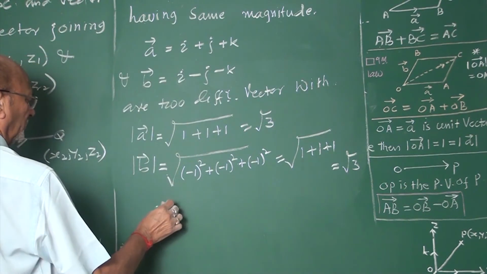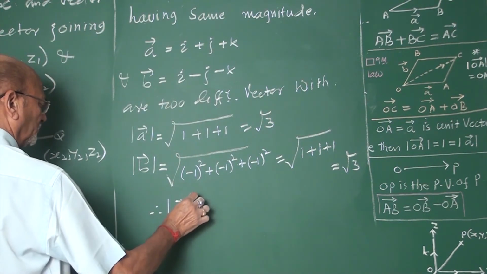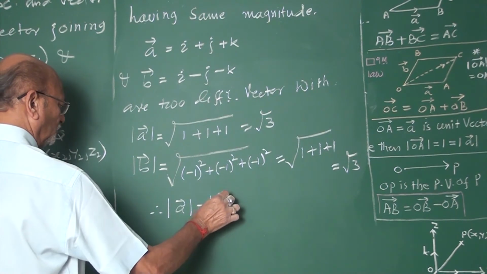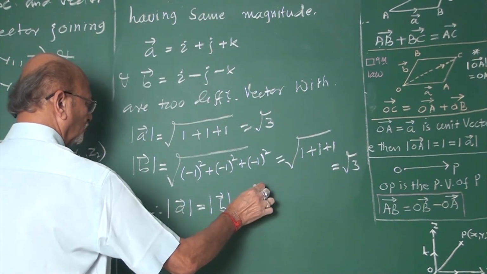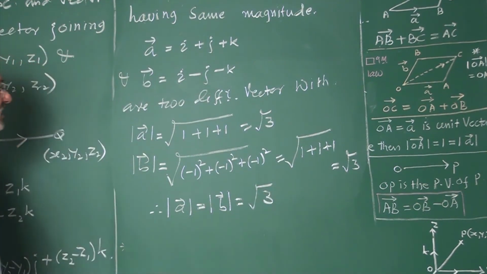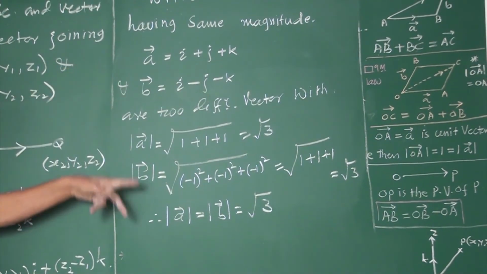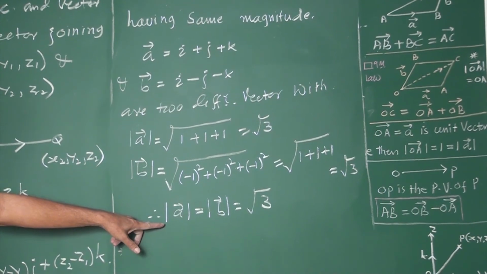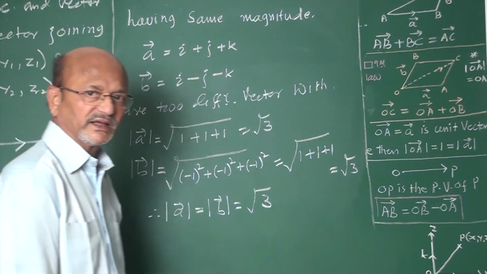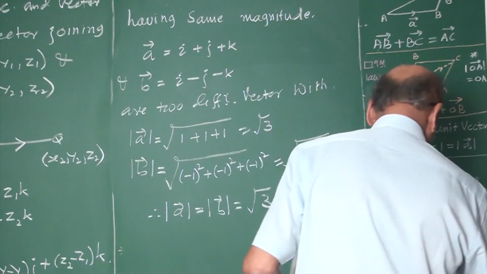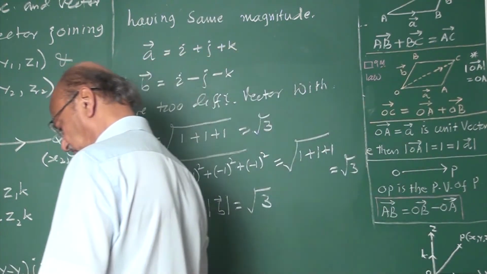Therefore, magnitude of A equals magnitude of B equals root 3. Then these are two different vectors having the same magnitude.